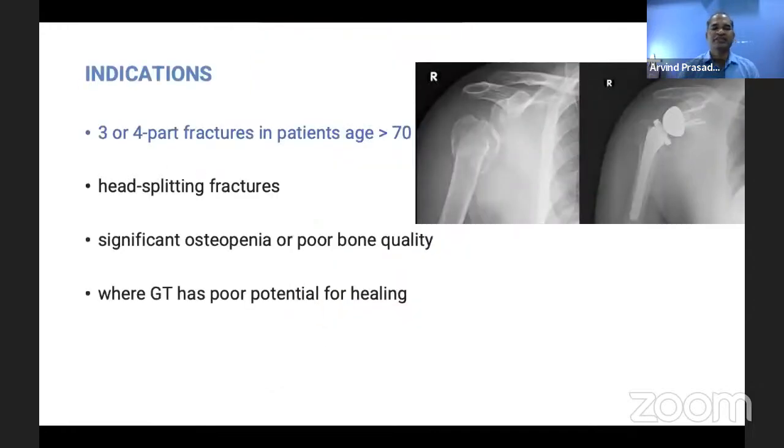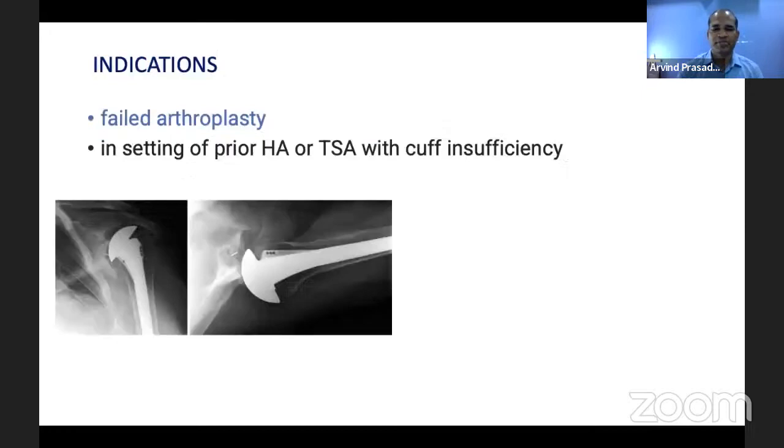So next indication is 3 or 4 part fracture, proximal humerus fracture, particularly when the age is more than 70 years, where the reconstruction is almost impossible, or there is a head splitting fracture, or poor bone quality, significant osteopenia, or the greater tuberosity has poor potential for healing.